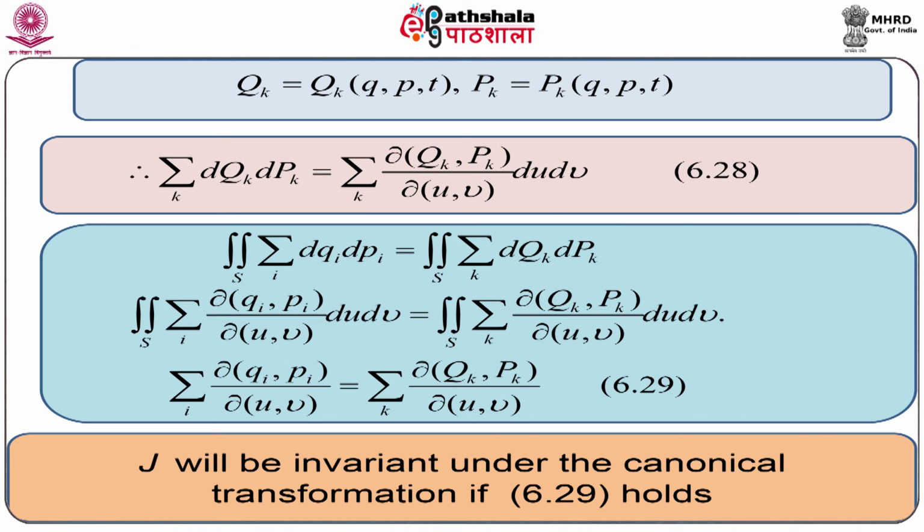Thus, to prove Poincare theorem, that is J remains invariant under canonical transformation, if we can prove the identity given by 6.29, then we can prove the invariance of integrals given in the equation: double integration over S summation over i dqi into dpi equal to double integration over S summation over k dQk into dPk.